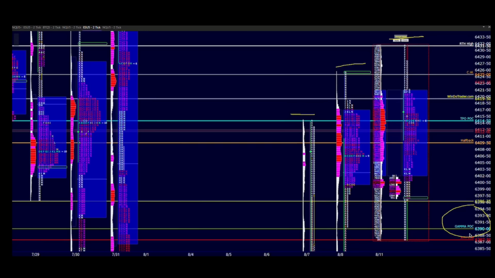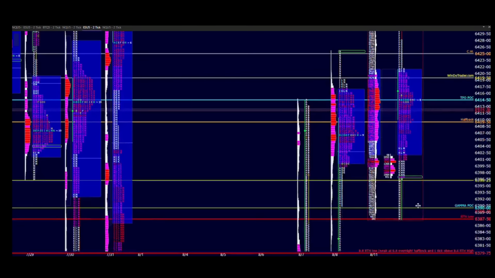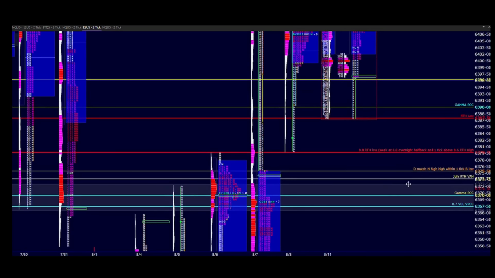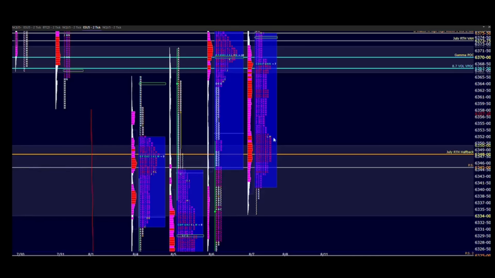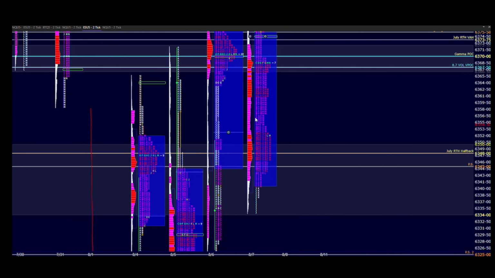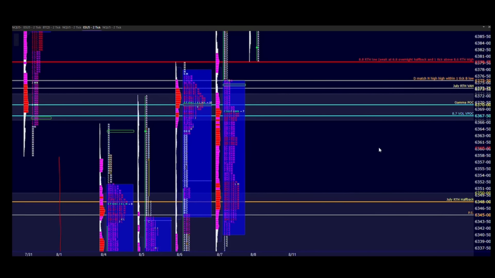For instance, if we are looking below that area, let's say we look below today's RTH low and we start coming into last week's value area ranges. At that point, dealers will have to sell if there is selling to hedge their delta. They'll have to buy if there is buying to hedge their delta.